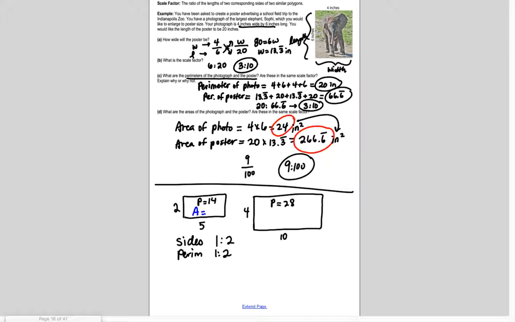Yeah, because this area is now 2 times 5, which is 10. And this area is now 4 times 10, which is 40. Do you guys see how this is in a ratio of 1 to 4? Okay. Think about it this way. A 1 by 1 square. A 2 by 2 square, right? Look at the area.